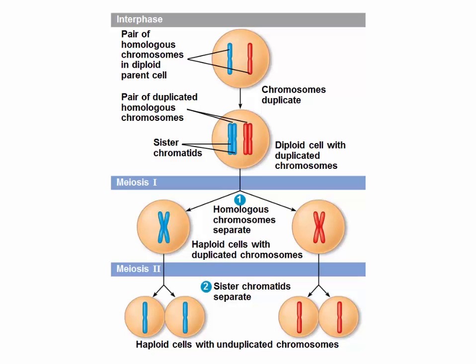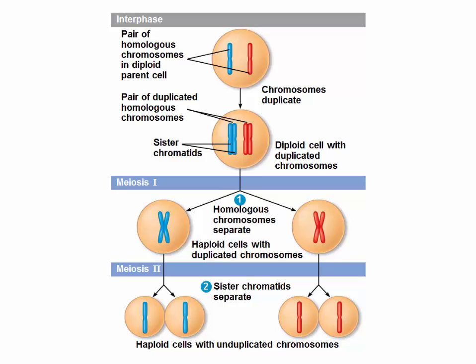And at this time, the homologous chromosomes are actually going to separate. They are not going to go to each pole, as in mitosis. They're going to separate without the centromere splitting.